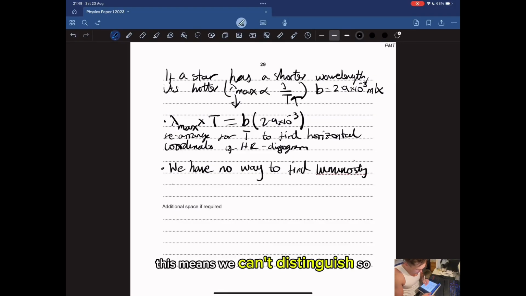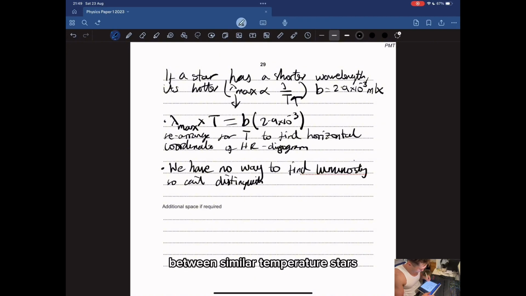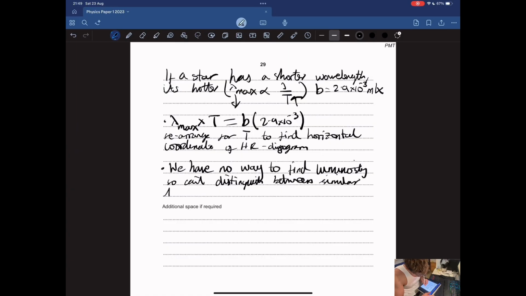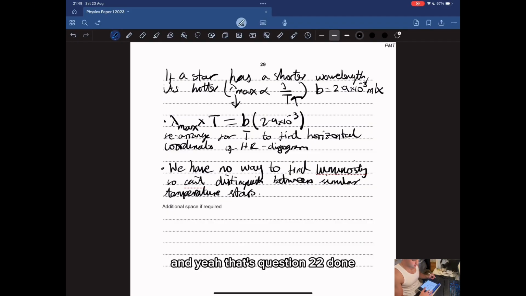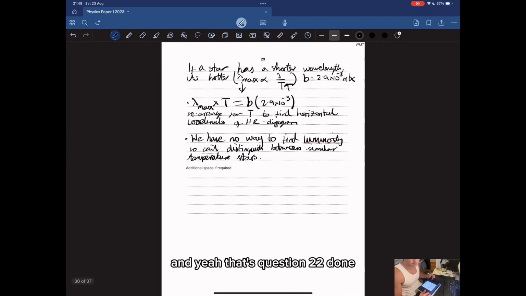This means we can't distinguish between similar temperature stars. And yeah, that's question 22 done.